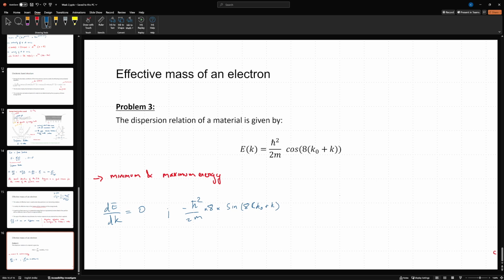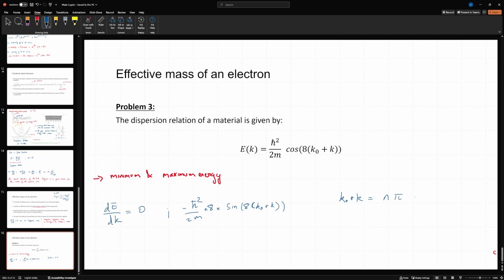Having a non-zero value of k₀ is okay for this problem. Essentially for this quantity to be 0, I know k₀ plus k should be equal to nπ.